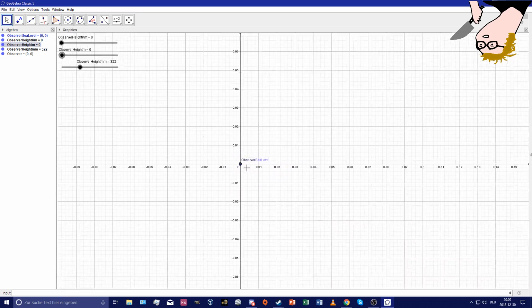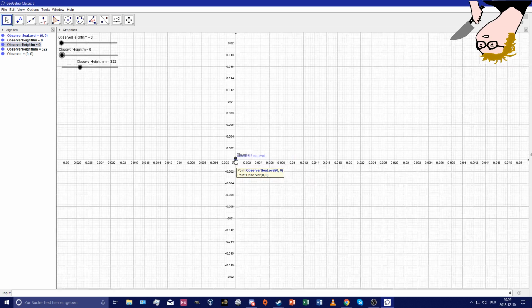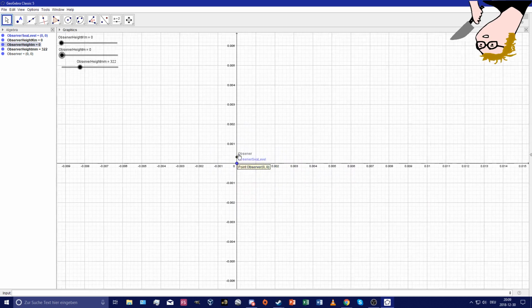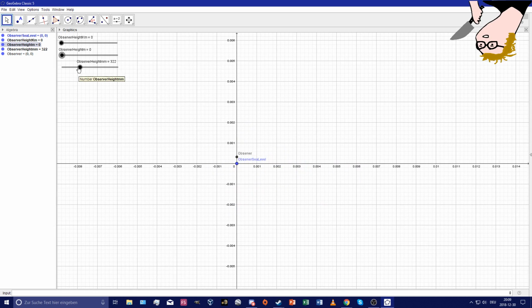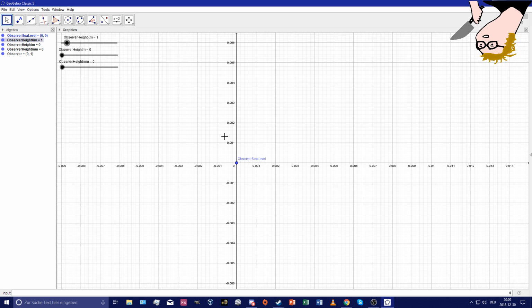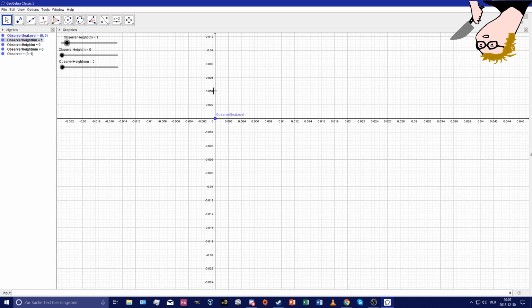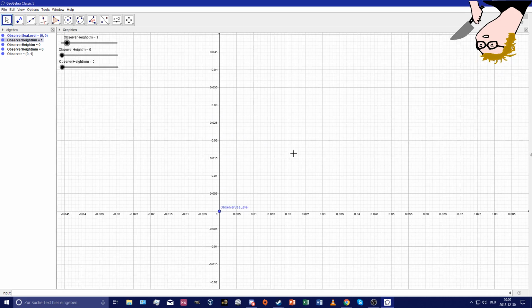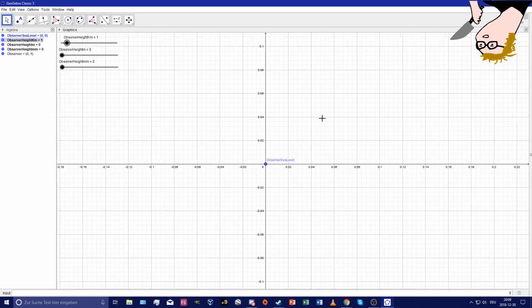And if I zoom in all the way, so from here to here, that's 1 meter. I can set it from 0 to 1 meter of height. I'm just gonna set the observer height to 1 kilometer for the rest of this. Obviously, we'll be able to change that later. Okay, so we got our observer.